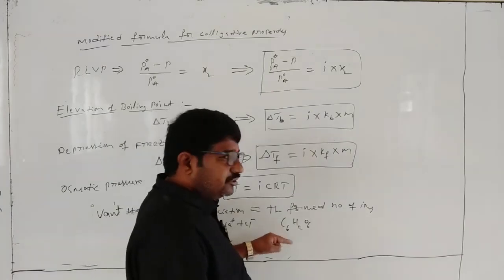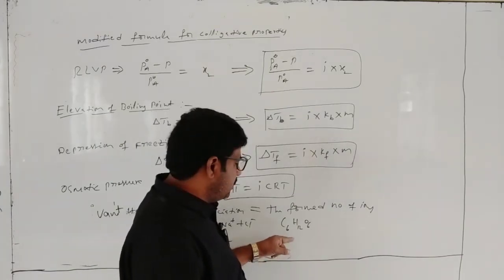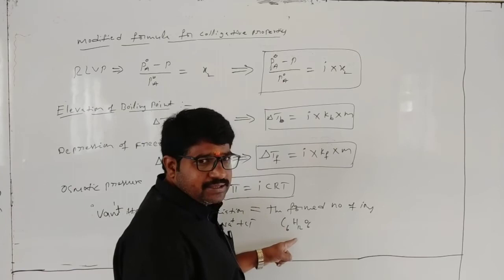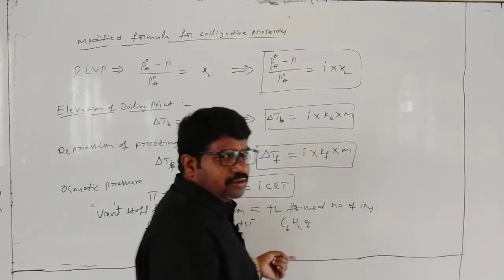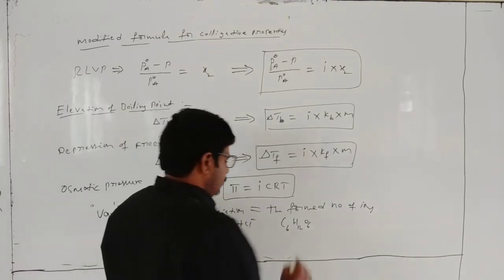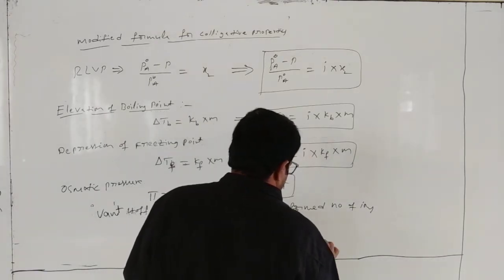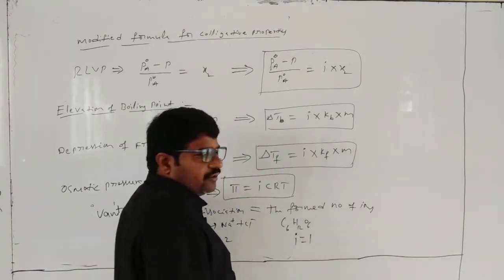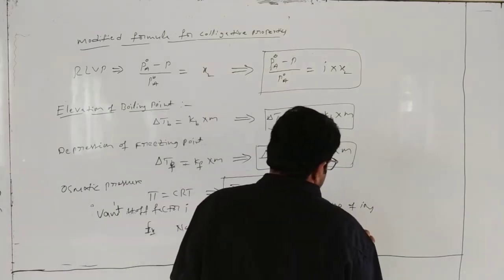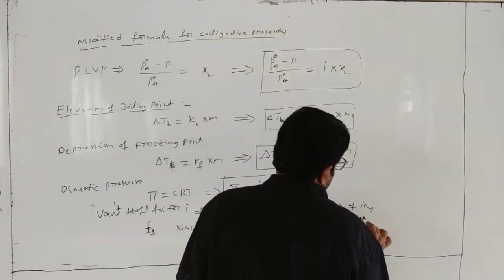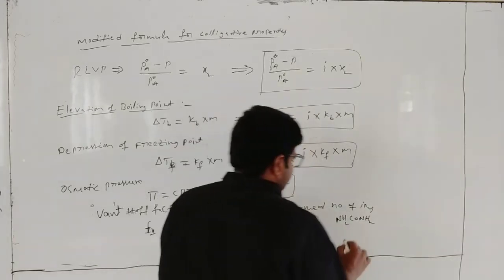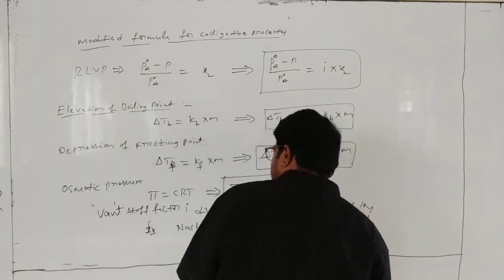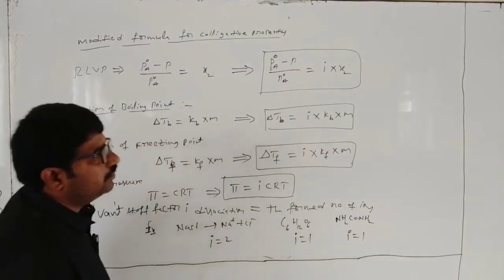If it undergoes dissociation, does it form ions? No, because it is a non-electrolyte and does not ionize. So i is equal to 1. For urea, NH2CONH2, this also does not form ions. For this one, i is equal to 1.